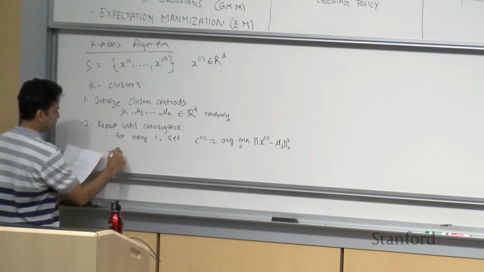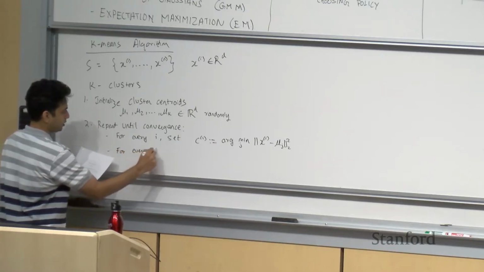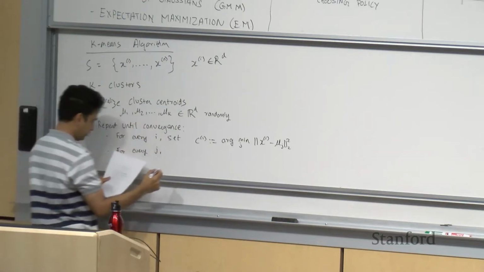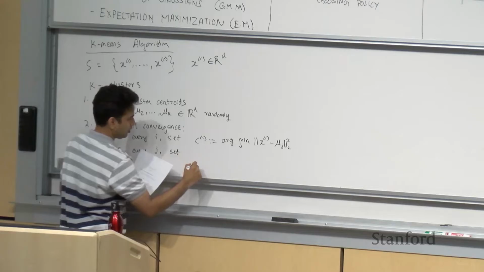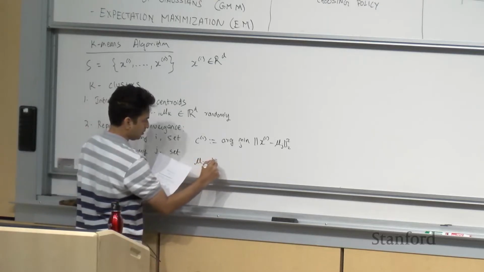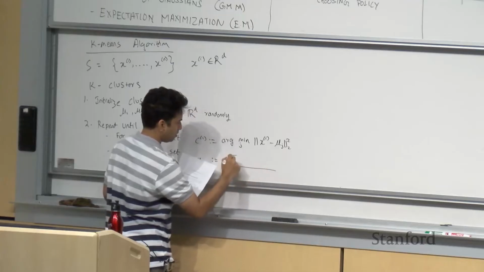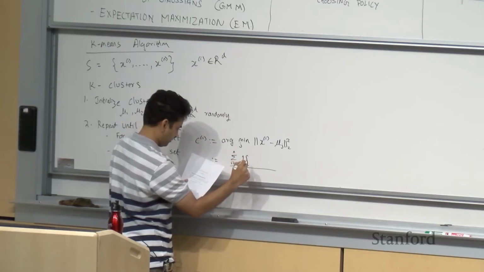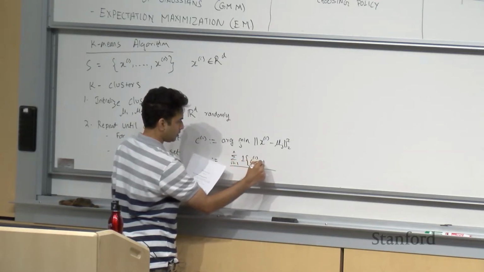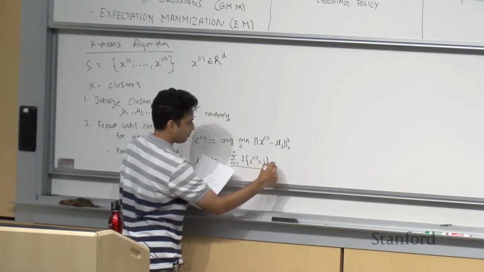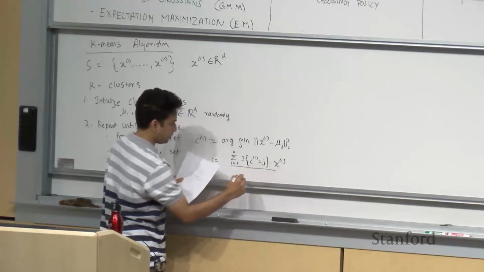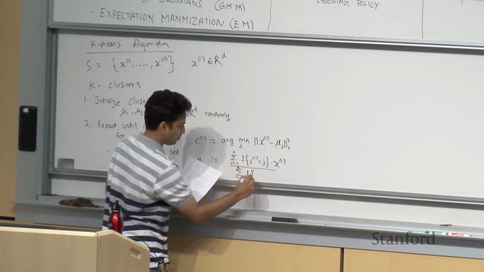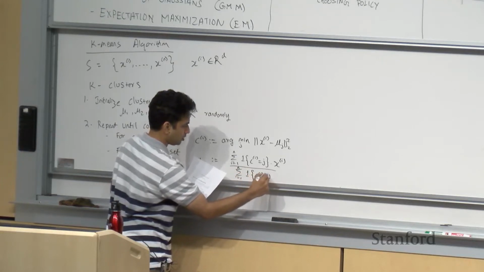And step 2: for every j, where j indicates the cluster identity, set mu j equal to the sum over i equals 1 to n of the indicator of Ci equals j times xi, divided by the sum over i equals 1 to n of the indicator of Ci equals j.